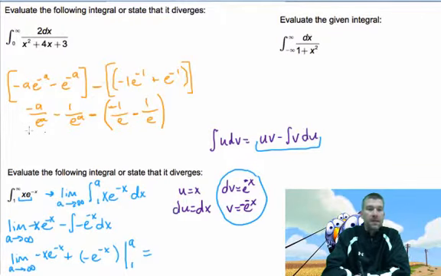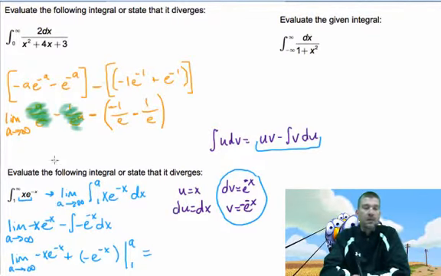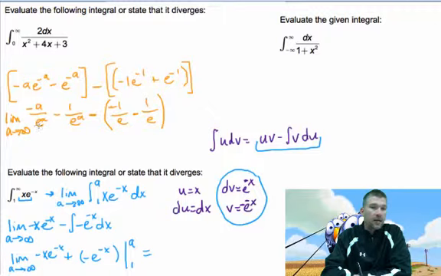As we look at this limit as a goes to infinity, these two terms right here become 0. The reason they become 0 is that on the bottom you get a large number, and on the top you get a number that's not so big.